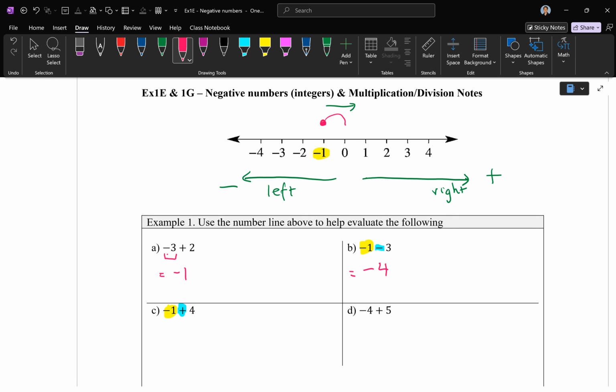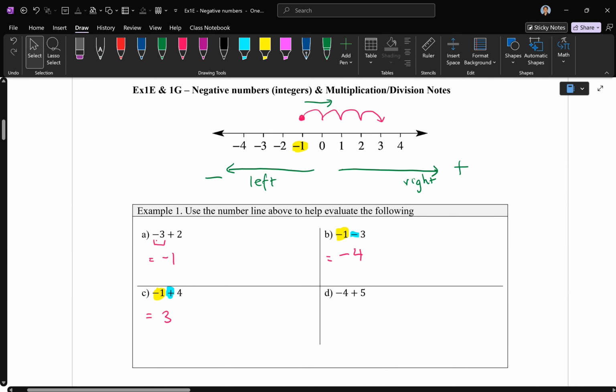And I need another 3: 1, 2, 3 to make a total of 4 jumps. So my final answer there has to be positive 3. You see that? So you're starting off just to get familiar with where your starting point is and which direction you're going. Because by the time you get to 1F, it will get much more confusing, and just learning how to use the number line will help you.